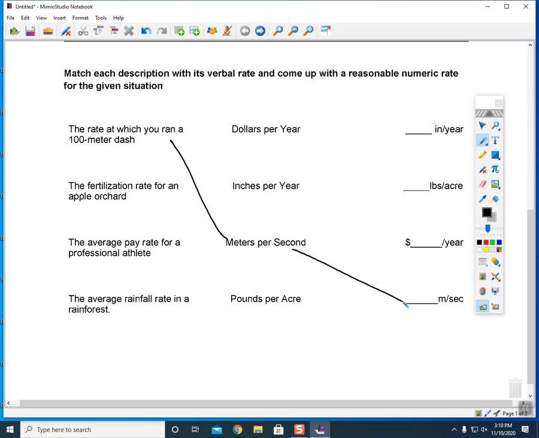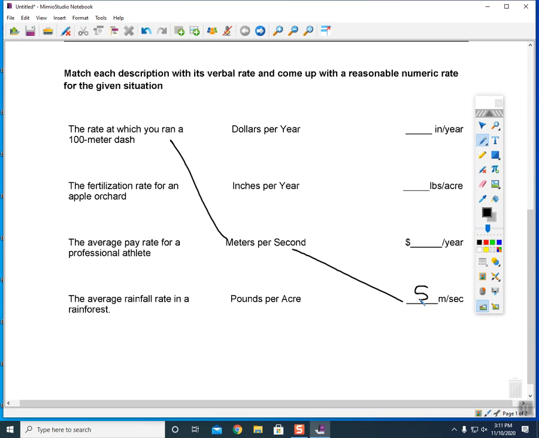When you think that the fastest man in the world can do 10 meters per second, we're probably going to be doing it a lot slower than that, right? If he does 10, maybe we do half. So we could run 5 meters per second. So that would go with this one.